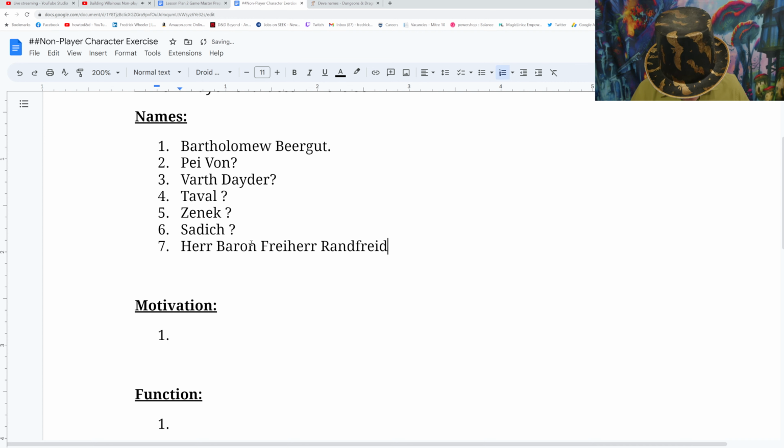Oh. This is how you don't name your NPCs. Seriously? There's no way I would ever use that name. I'll put it down, but oh my gosh.